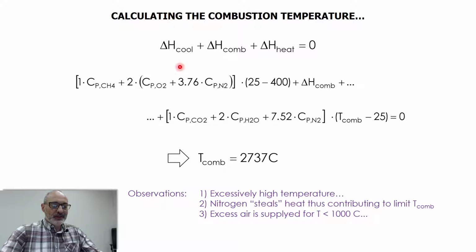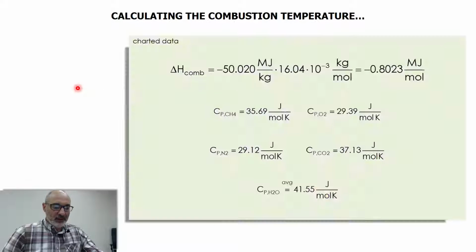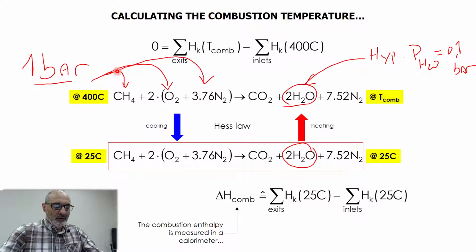So first, this number here, okay, the temperature variation is 25 minus 400. And here I add all Cps multiplied by the number of moles involved in the equation. Okay, so this number 1 here is actually 1 mole here.